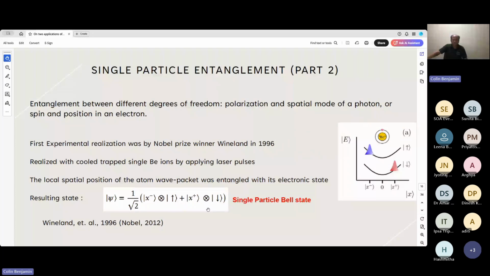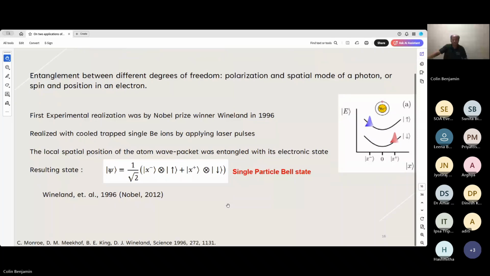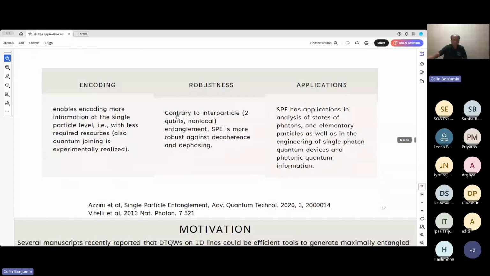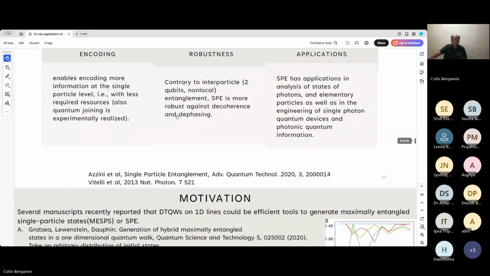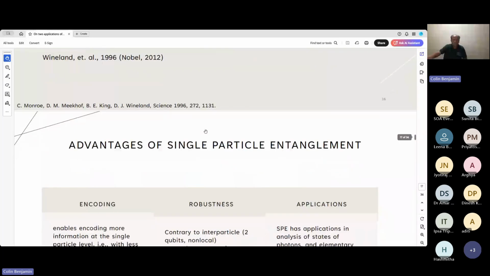And he got the Nobel Prize in 2012, and that's where we get our idea whether we can generate entangled states, quantum mechanical. Now, you can read more about single particle entanglement in this Science paper.